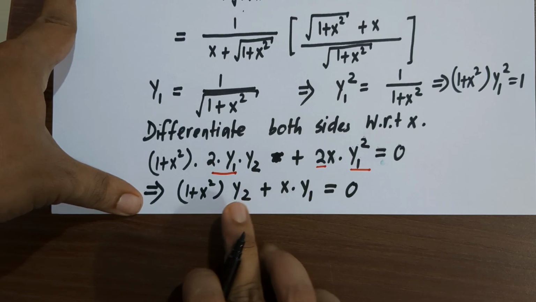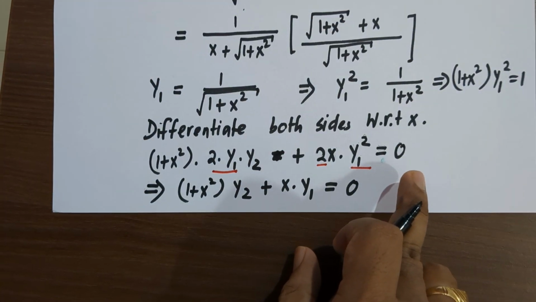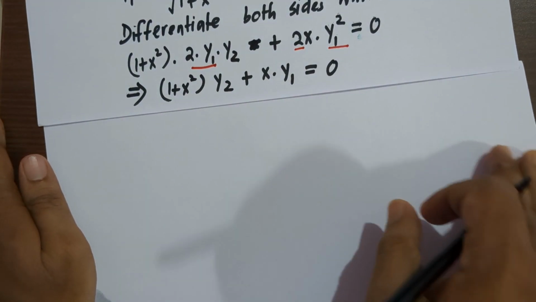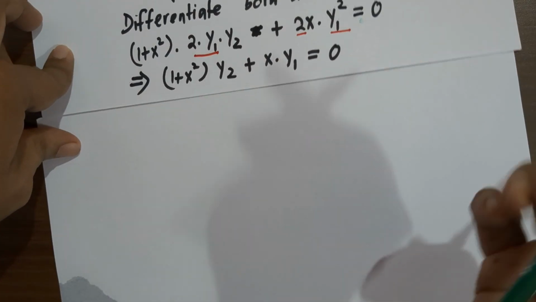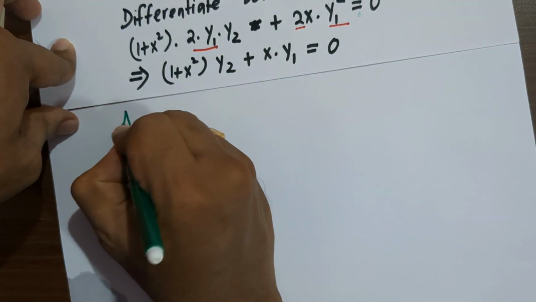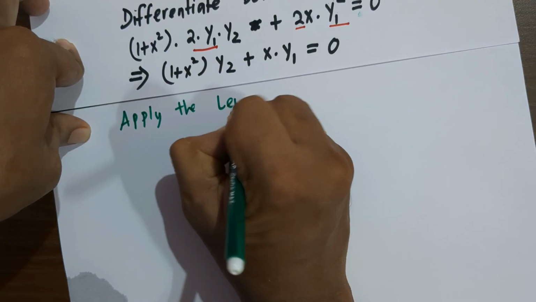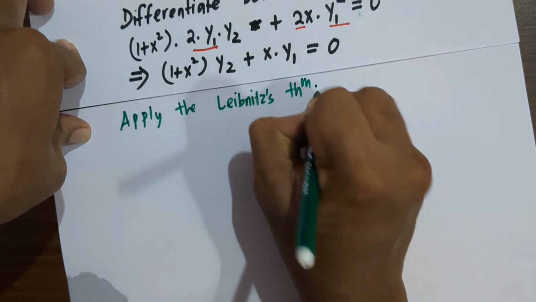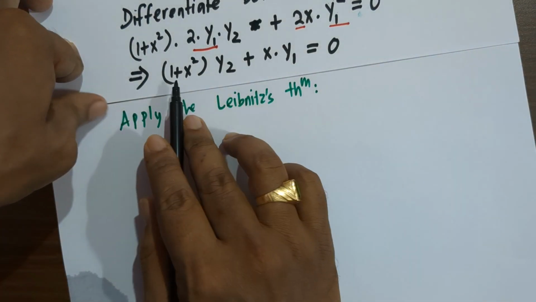Now we are going to apply the Leibniz theorem to find the (n+2)th order derivative. So now apply the Leibniz theorem. To apply the Leibniz theorem, we have two terms.